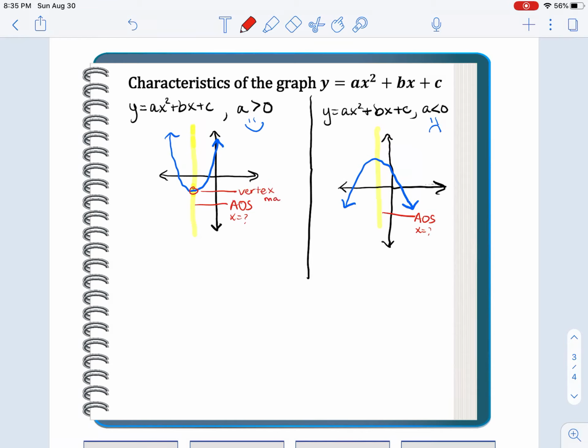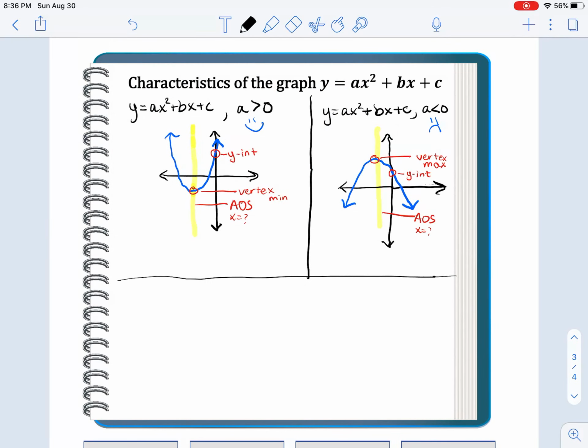In the case of a happy face, it's a minimum value. In the case of a frowny face, it's a maximum value. So that one's a little backwards. We have our y-intercept here, wherever it crosses the y-axis. And those are really the key features that I want you to learn here.